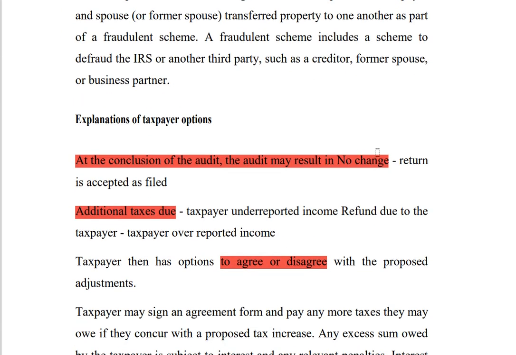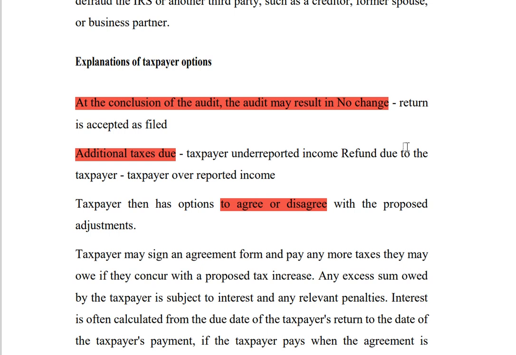So as we said, at the conclusion of the audit, the audit might result in a no change audit, where the IRS auditor accepts your returns. Or it could come up with additional tax assessments. In such a case, the taxpayer can agree or disagree. If the taxpayer agrees, formally, on the letter of determination, the taxpayer has to sign something called a Form 870.